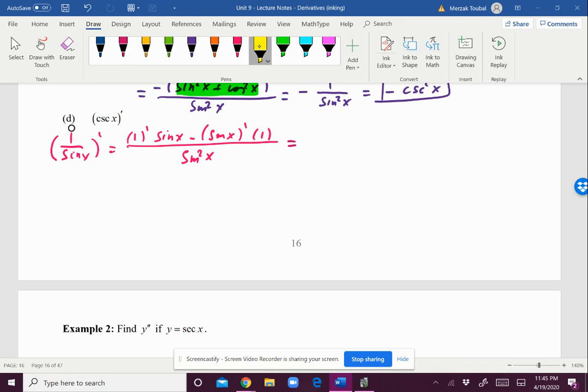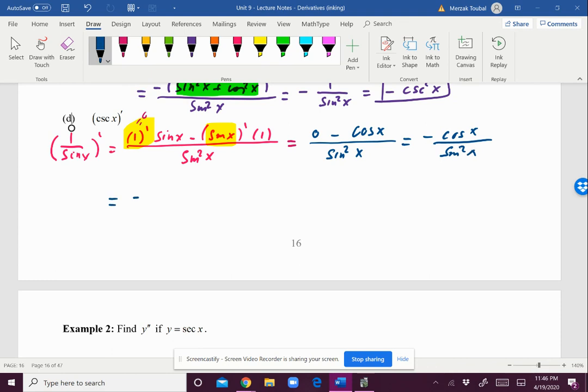Derivative of 1 is 0. Times sine, it's a 0. So far we have a 0 minus derivative of sine is cosine times 1. So simply minus cosine over sine squared x. So we have negative cosine x over sine squared x.